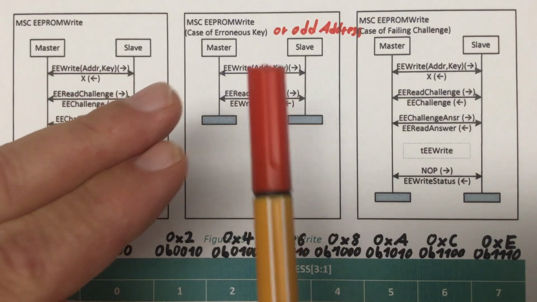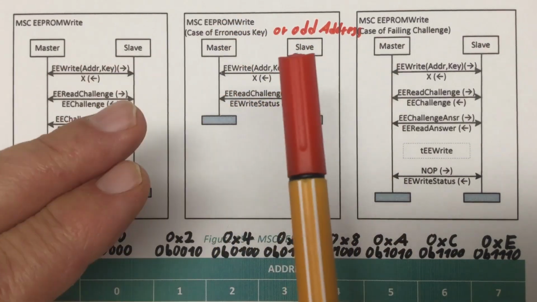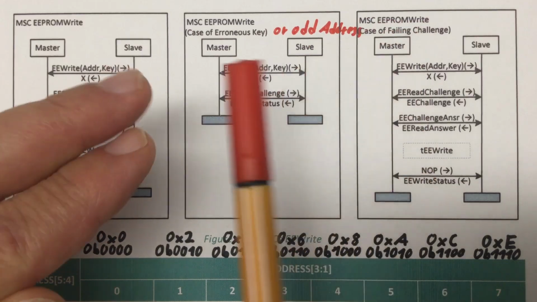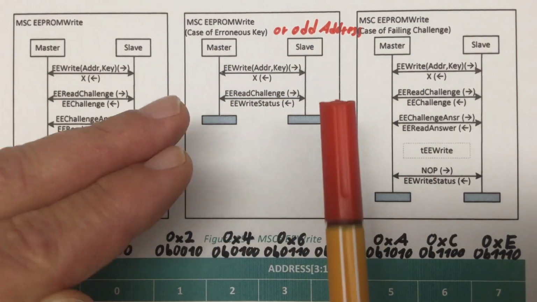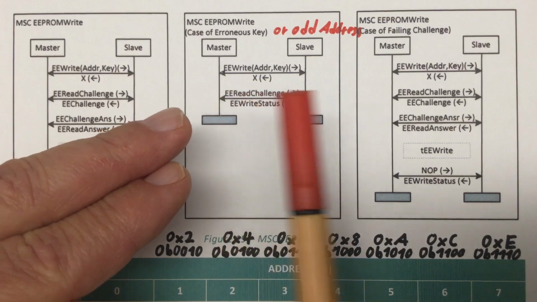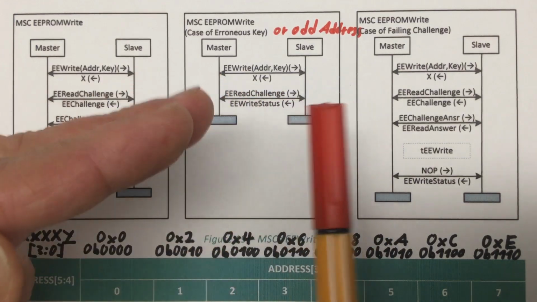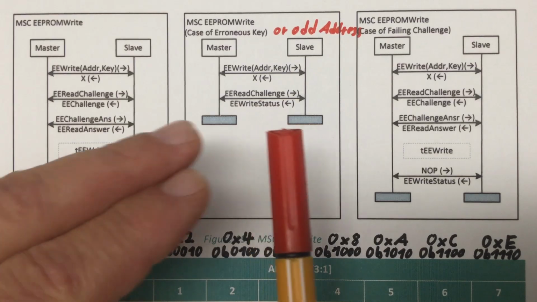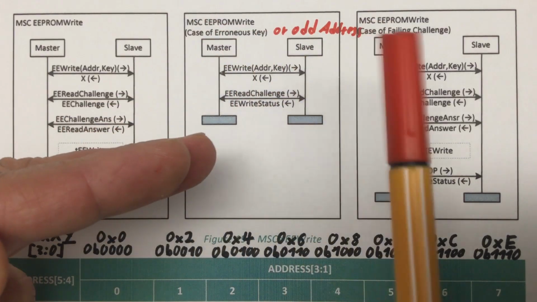And if we provide an erroneous key, or, that's my interpretation, an odd address in our first message, the slave will not answer to our requesting of a challenge with a challenge, but directly with an EEStatus, containing the error codes for an erroneous key or an odd address.